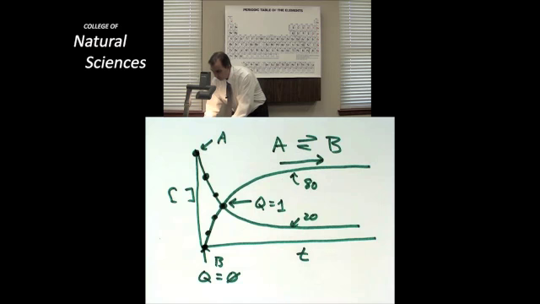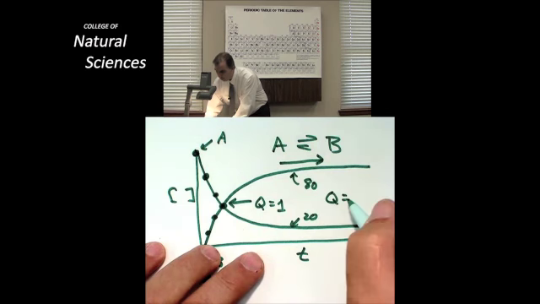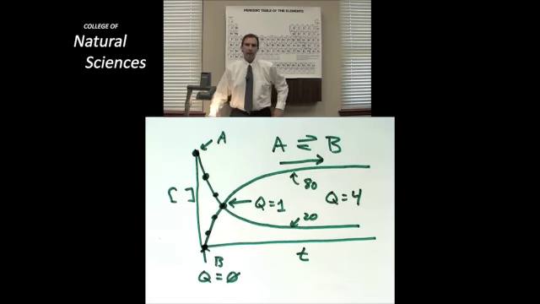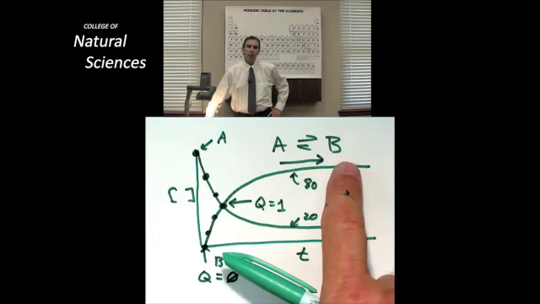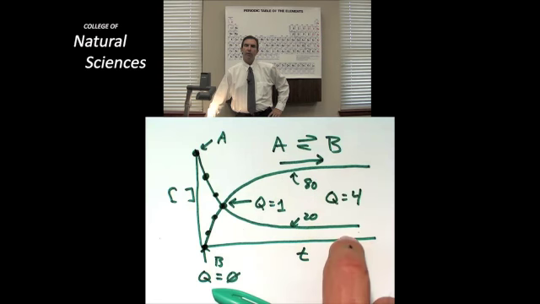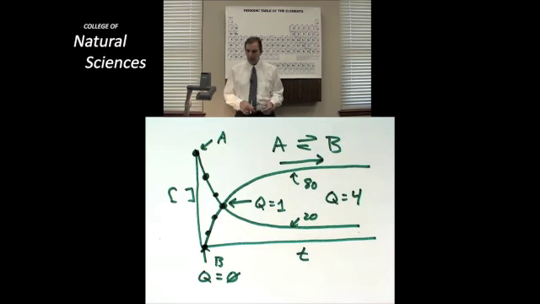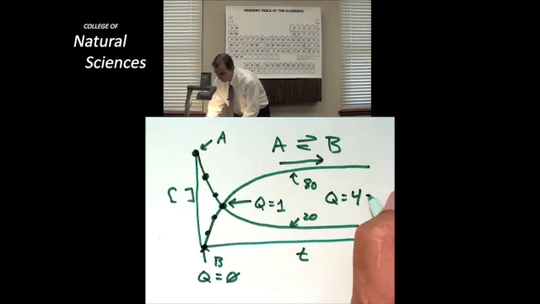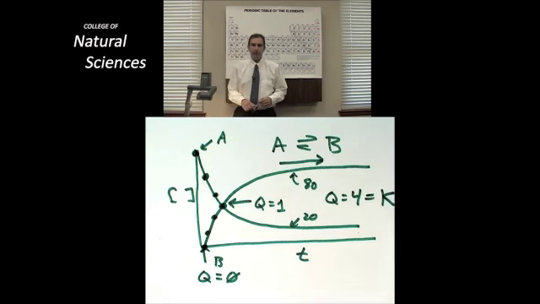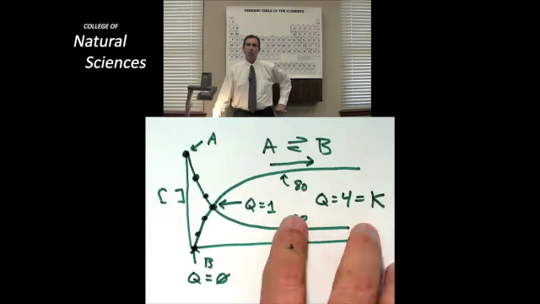It would turn out that Q at this point was equal to 80 over 20, which is 4, and guess what? That point right there on that curve where the slopes have gone to 0 is the point where I have reached this thing called chemical equilibrium. And that is the point where Q has become K.